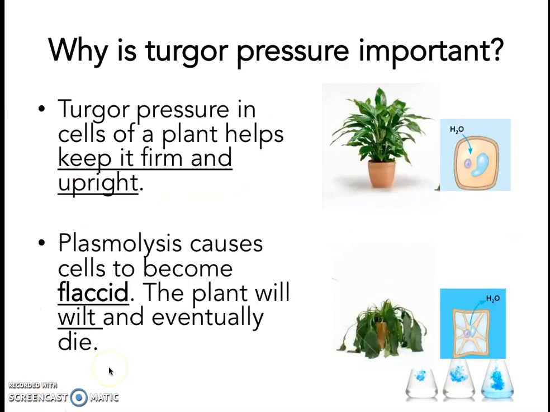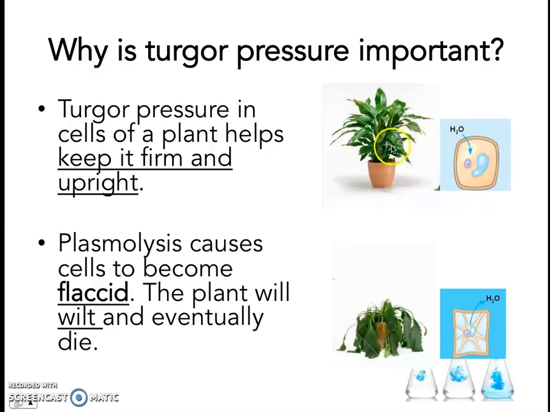So why is turgor pressure important? Look at this very healthy plant. It's standing firm and upright, able to receive sunlight, because its cells are turgid. This plant is receiving enough water, and the turgor pressure in the cells keeps the plant firm and upright.